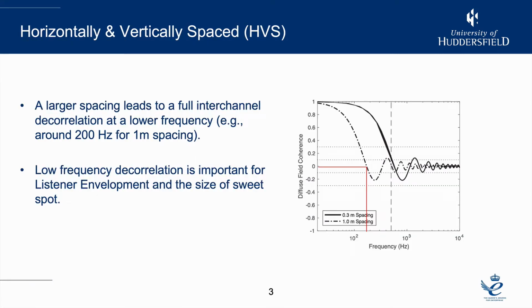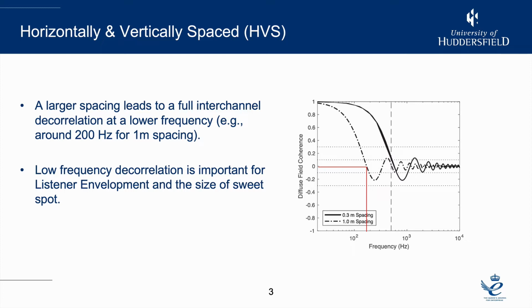As mentioned earlier, the HVS arrays basically aim to produce sufficient decorrelation between microphones, both horizontally and vertically. And the low frequency decorrelation is known to be important for providing the sense of listener envelopment and a large sweet spot. The low frequency decorrelation is achieved by increasing the mic spacing. Basically, as the mic spacing becomes wider, you can achieve a full decorrelation to a lower frequency.